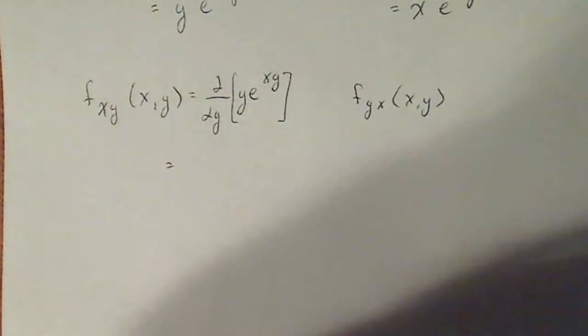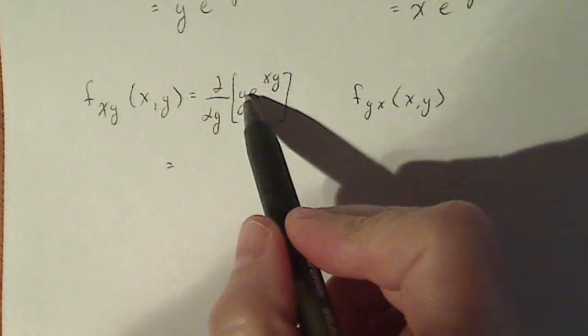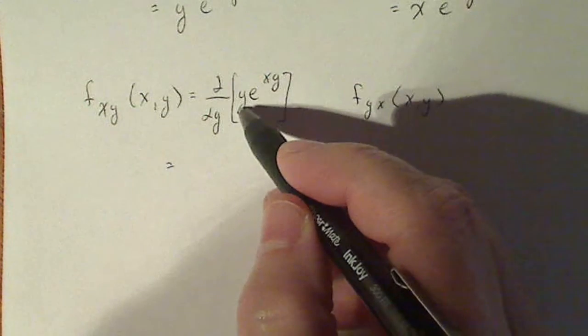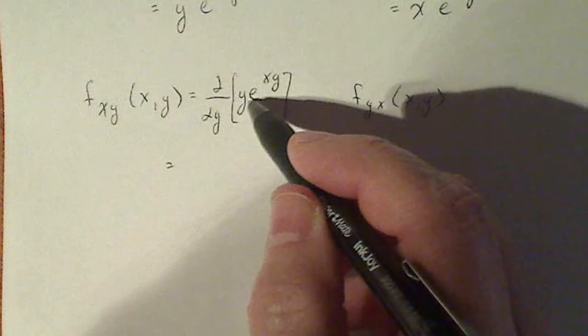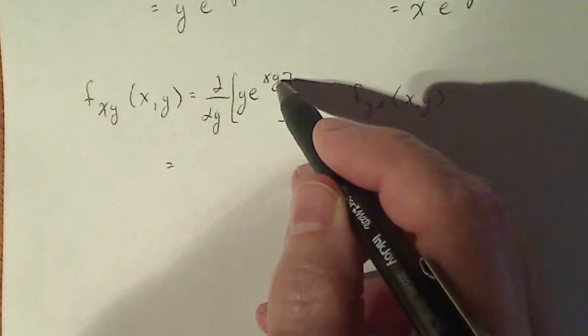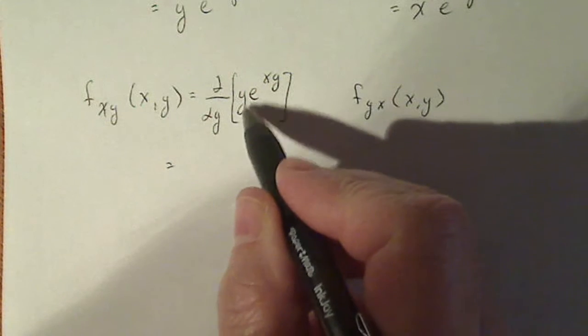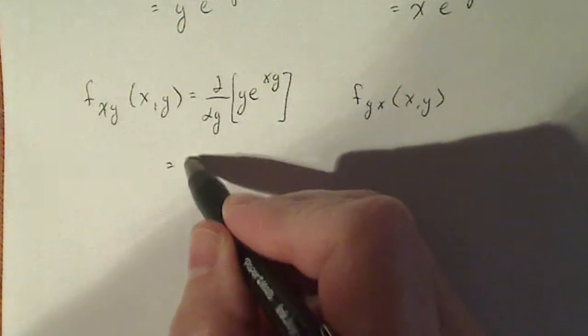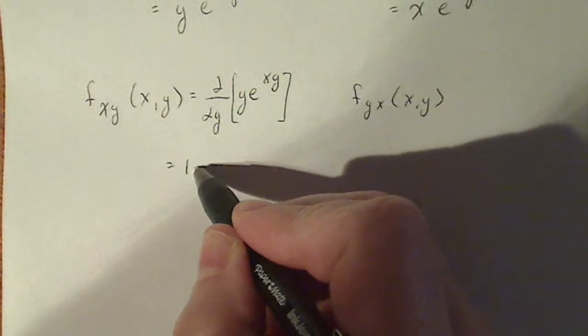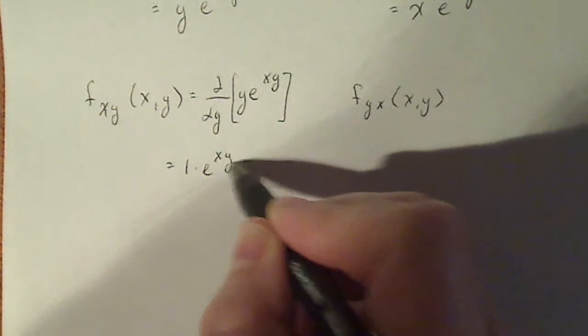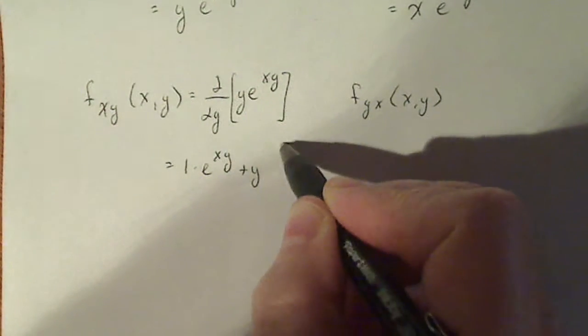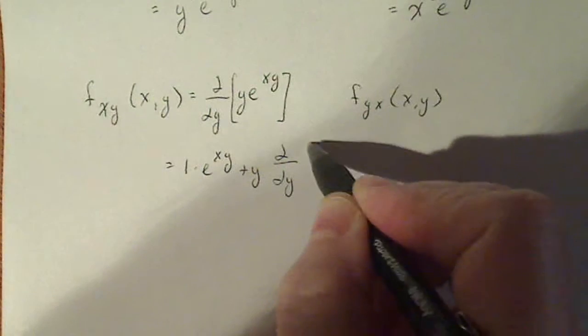So in order to take this derivative, I have to actually use the product rule now, because this is y, the independent variable, times another function with the same independent variable in it. So this is going to be the derivative of this first function with respect to y times the second function, plus the first function times the derivative with respect to y of the second function.